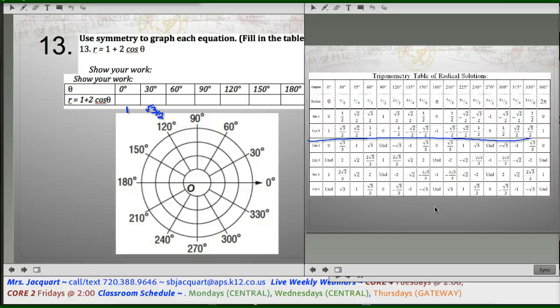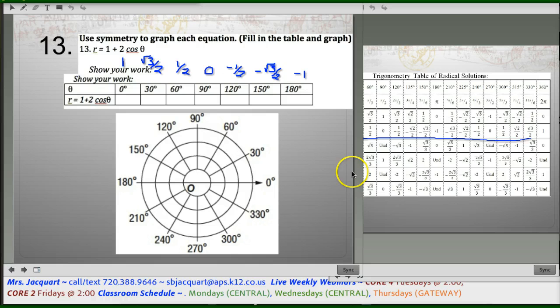I'm going to write those above it. 1, square root 3 over 2. Cosine 60 is 1/2. Cosine 90 is 0. Cosine of that one is -1/2, and negative square root 3 over 2. And this one's -1. So there's the rest of my table.